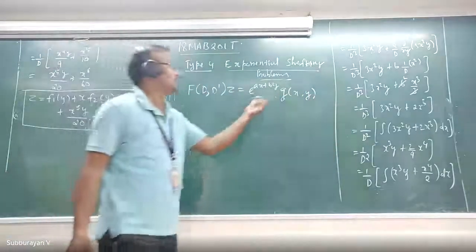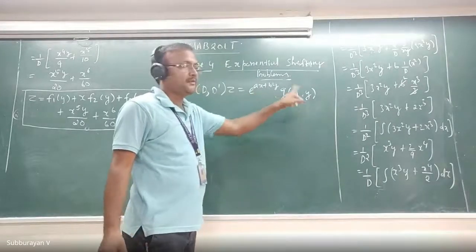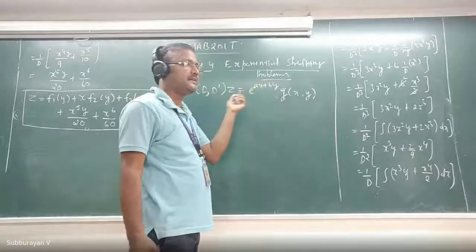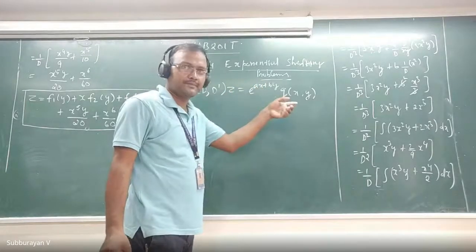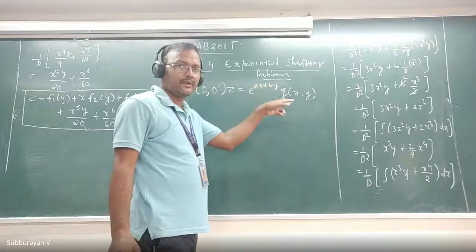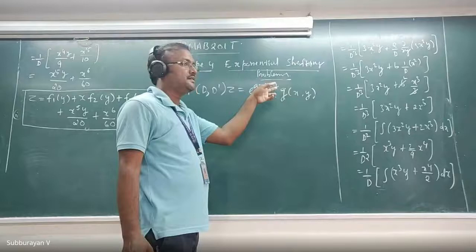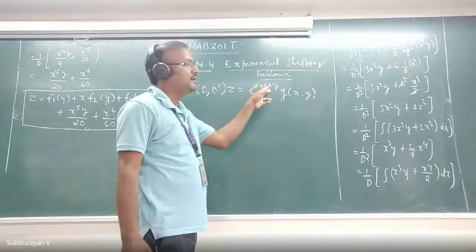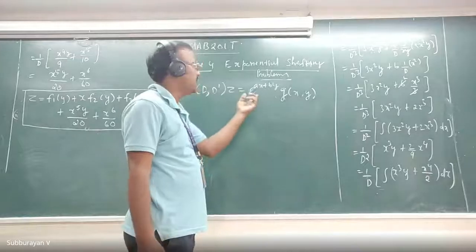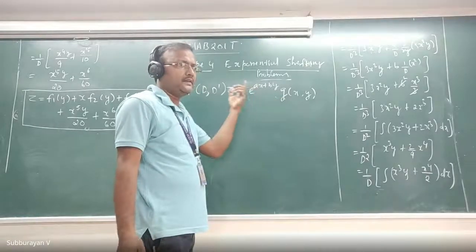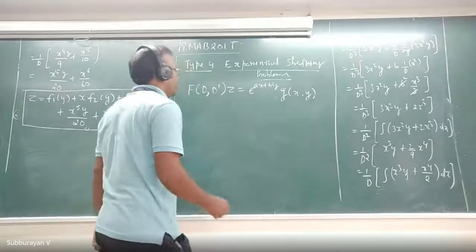Right hand side is e power ax plus by into g of x comma y form. Say for example, e power 2x plus y into xy, or e power ax plus by into xy, or e power ax plus by into cos of x plus y, or sin of x plus y. This is called exponential shifting problem.